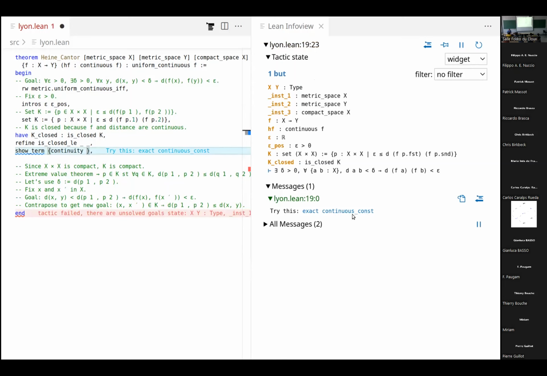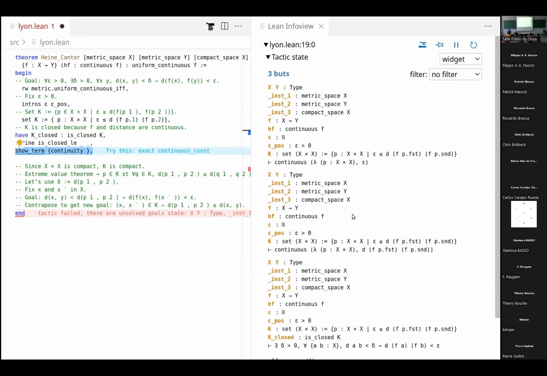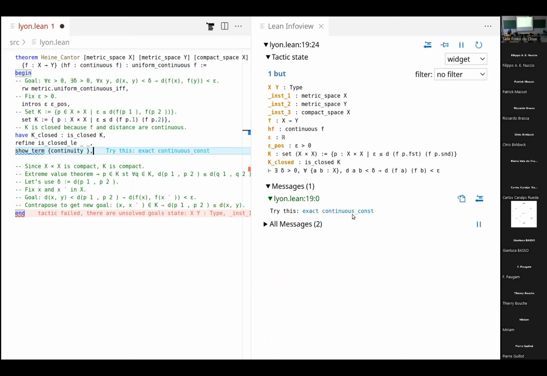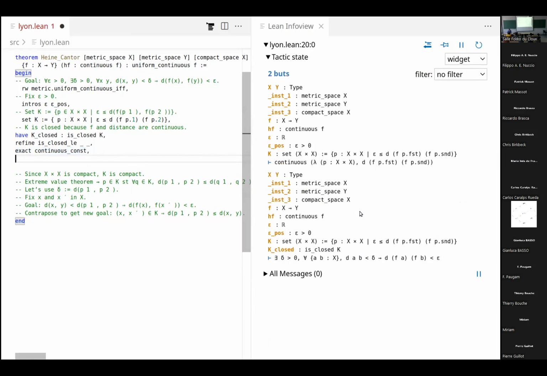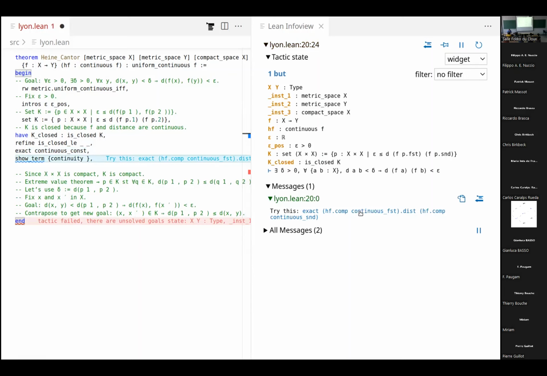If we look at what it did for the second one, the continuity proof that it found was this hf, which is my continuity assumption for f, composed with continuous first, which is a lemma saying that the first projection on the product is continuous, and then continuity of distance is used there, and again, continuity of f composed with continuity of the second projection.